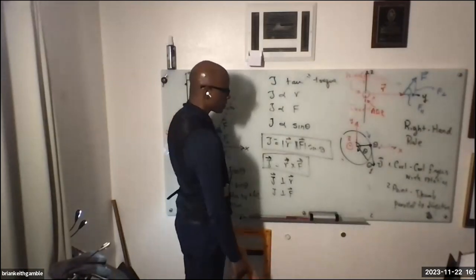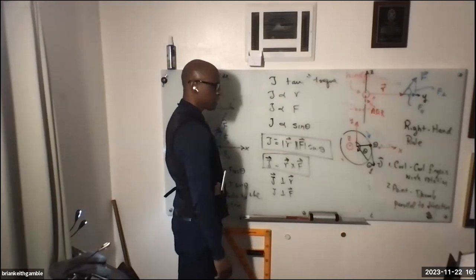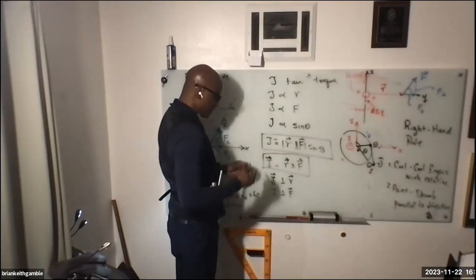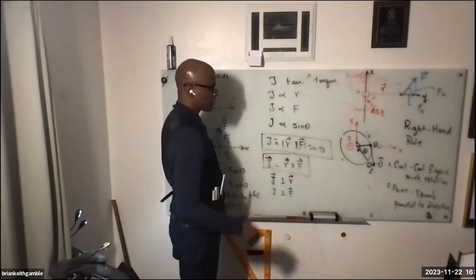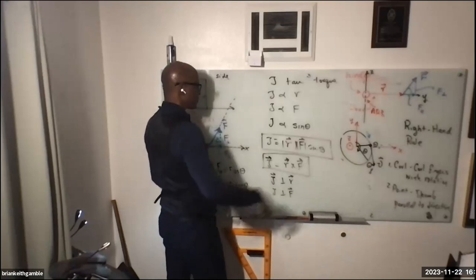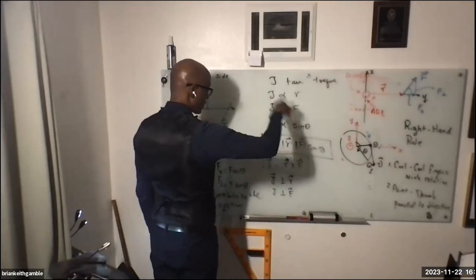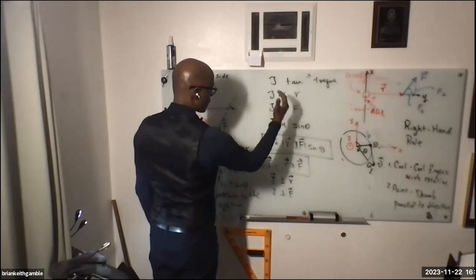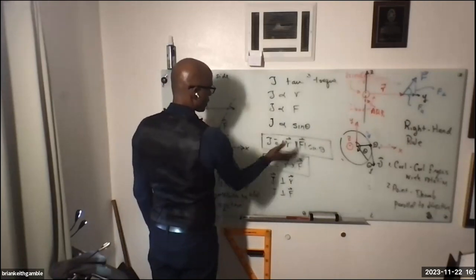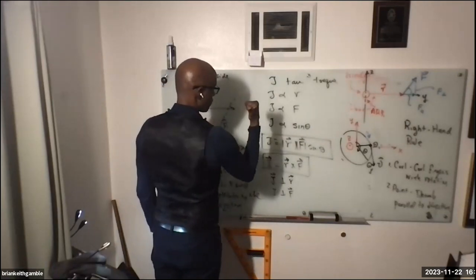Curl point. So this applies to anything that you see rotating. If you take your right hand, let's say you walk up and there's a Ferris wheel, and the Ferris wheel is spinning in the counterclockwise direction. Curl your fingers in the direction of the rotation. Your thumb points back toward you.